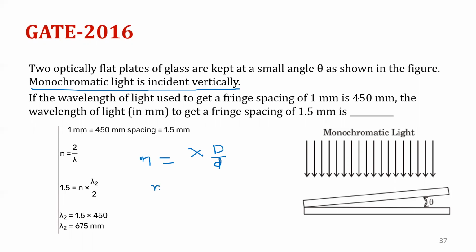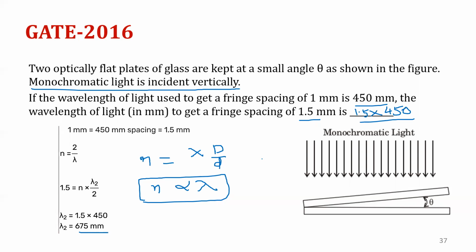So the fringe spacing is directly proportional to the wavelength. For 1 mm spacing it is 450. For 1.5 mm we can calculate 1.5 into 450. You will get 675.